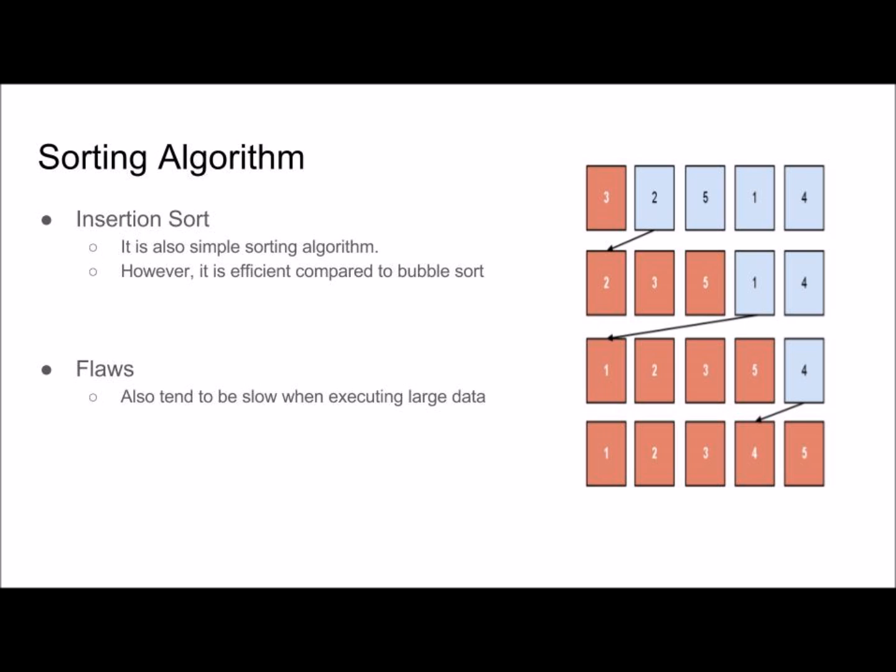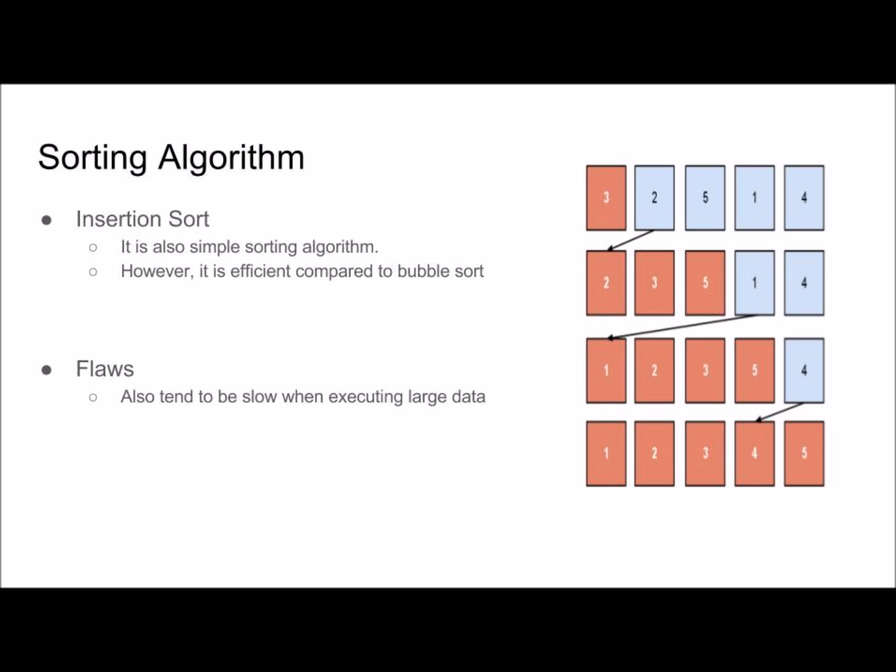The next will be insertion sort. It's also a simple sorting algorithm, and it's almost the same as bubble sort, but the algorithms are different. Insertion sort works by taking elements from the list one by one and inserting them in their correct position into a new sorted list.